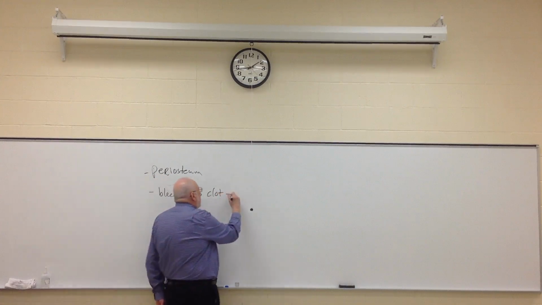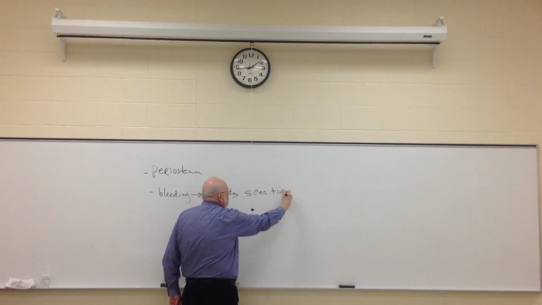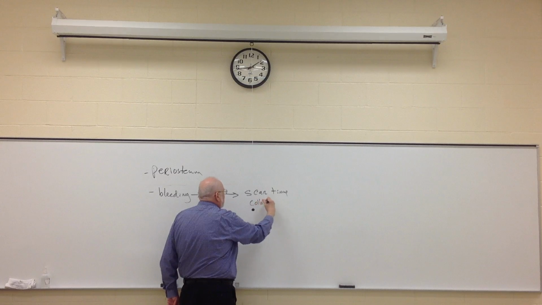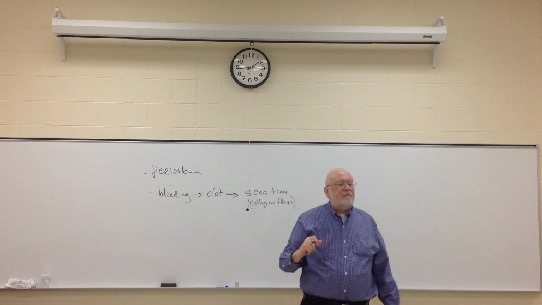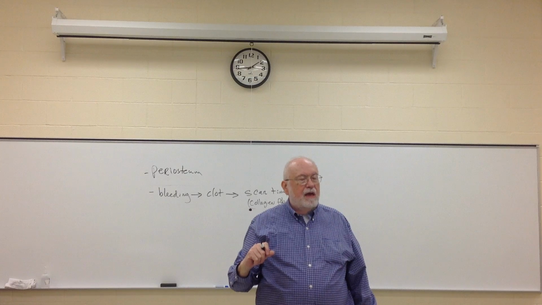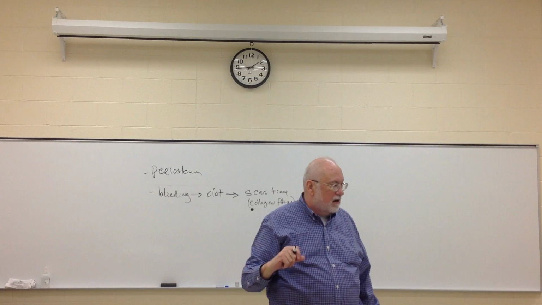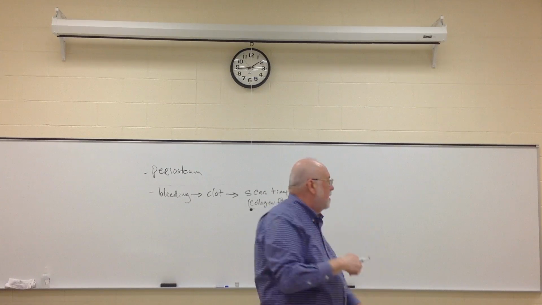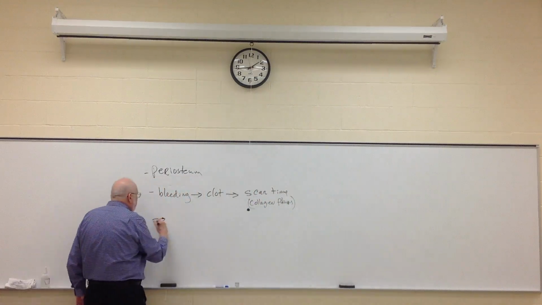Well, clots become replaced with what we could call basically scar tissue, which means collagen fibers. Essentially, fibroblasts grow into that area as the clot is removed, laying down a network of collagen fibers. So essentially you have a scar between the two broken ends. And then that ends up being replaced with healthy bone tissue.